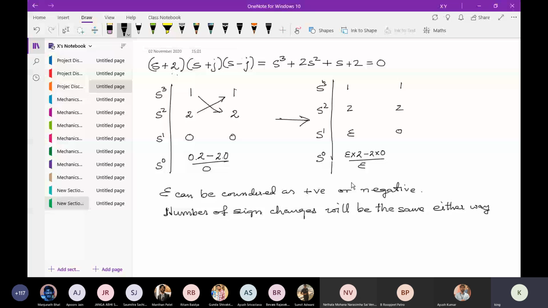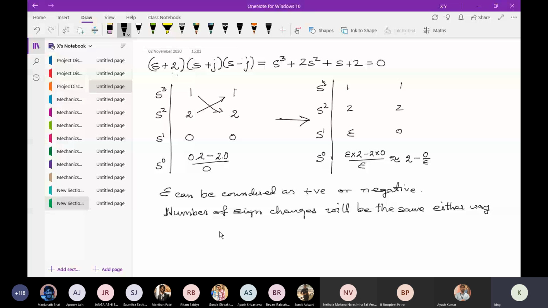And you can verify that as well. That if I take epsilon as positive out here, say 0.001, so this ultimately will become, so whether you take positive or negative is not going to matter.